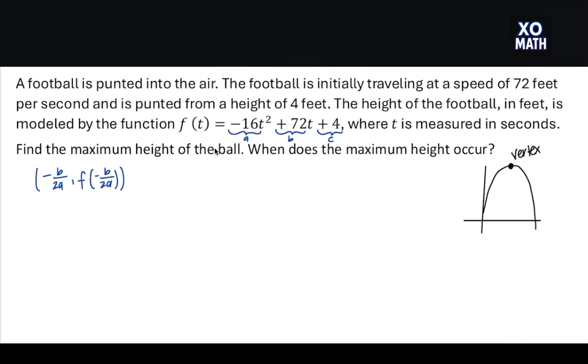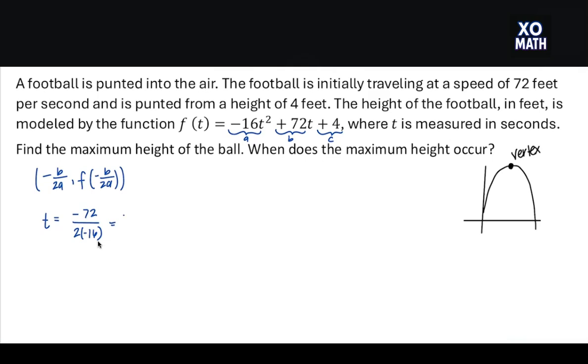So we're going to go ahead and find negative b over 2a. That value is a time. So t is going to be negative 72 over 2 times negative 16. So we have negative b over 2a.